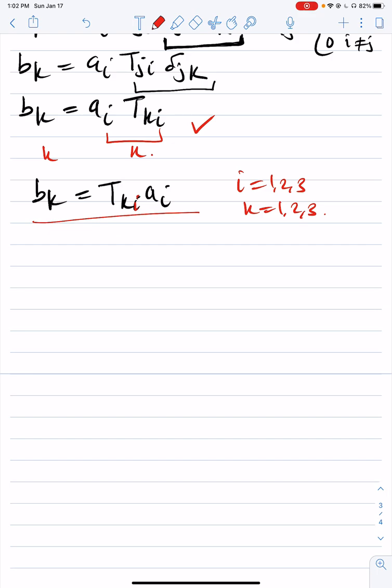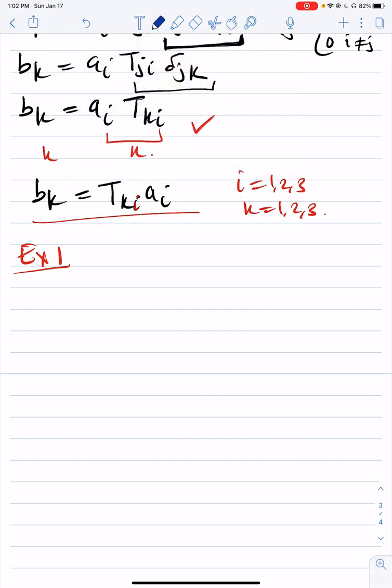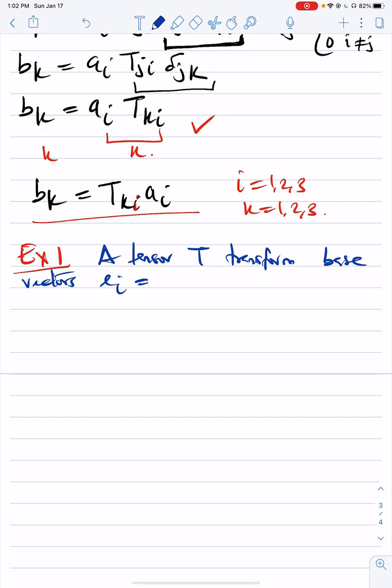Let me quickly do an example. I think that will throw more light on this. So example 1. If you have a tensor, let's say a tensor T. The work of a tensor, as we've known, is to transform the base vectors it has, E1, E2, E3, into another set of vectors: 2E1 minus 6E2 plus 4E3.